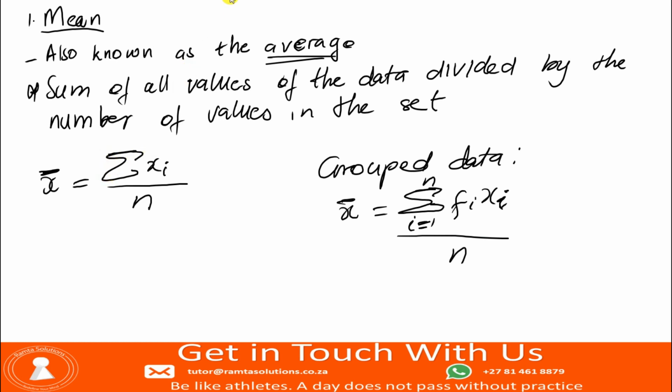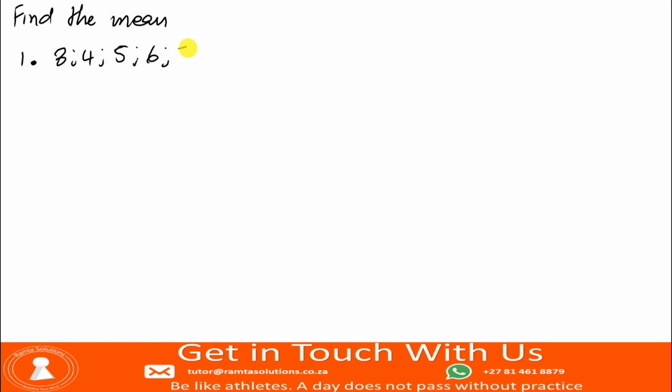Now, let's try an example. Find the mean. Number one, for 3, 4, 5, 6, 7. Number 2, let's try for 4, 5, 6, 7.